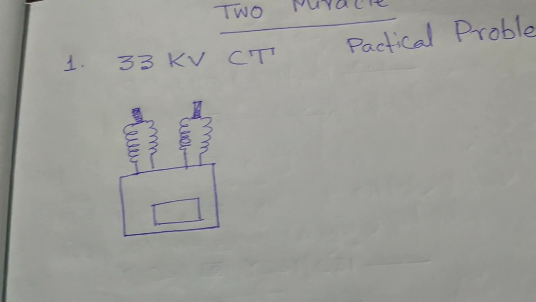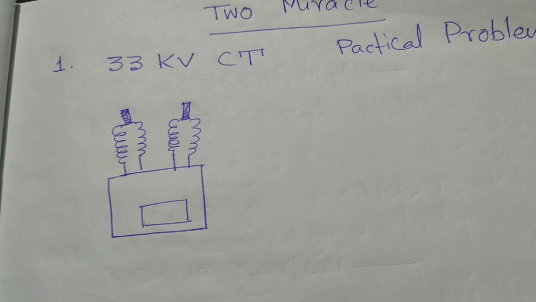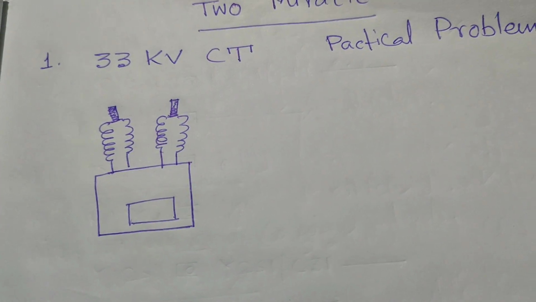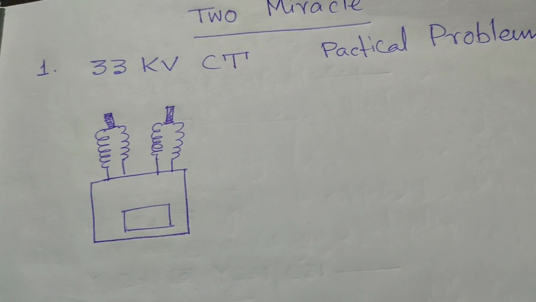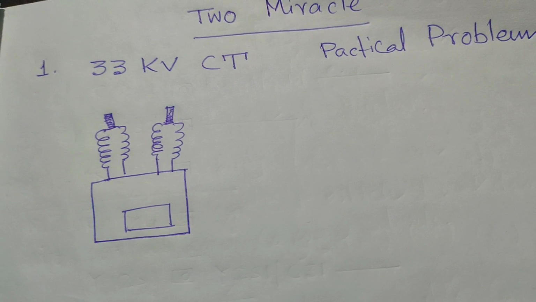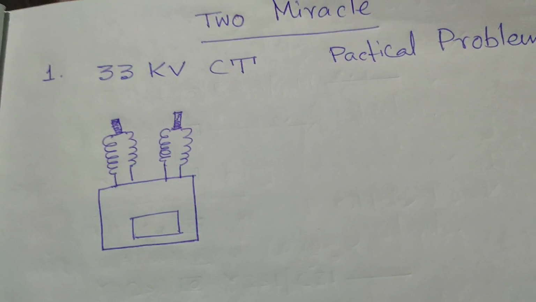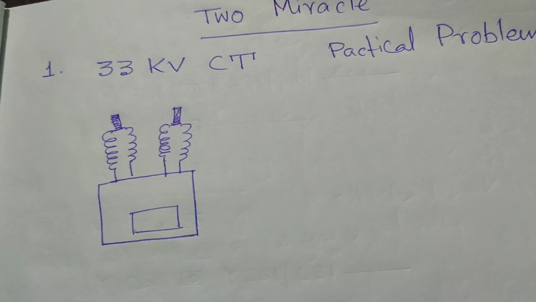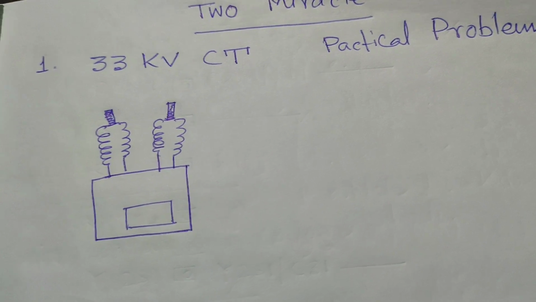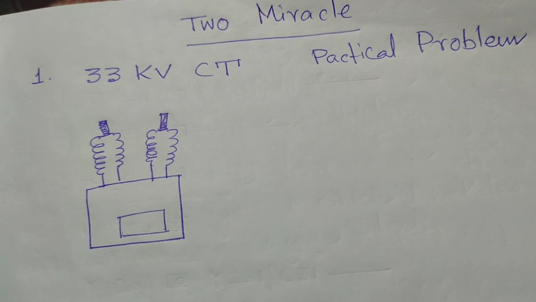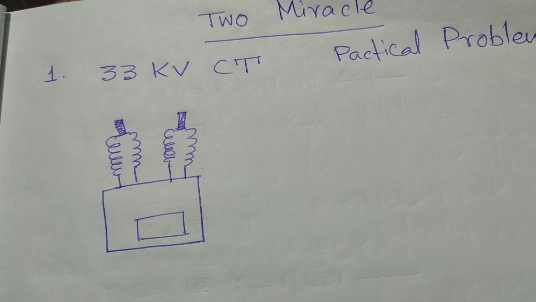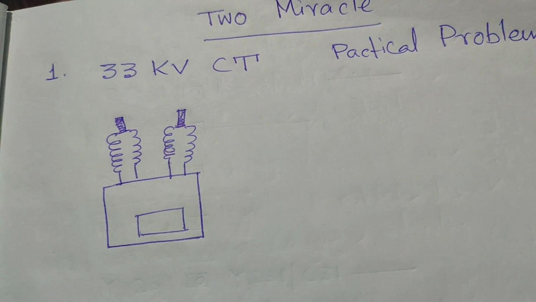After measuring, we confirmed that the CT megger value is 0. From that particular megger value, we were sure that the CT had been damaged. So we accordingly changed the CT.